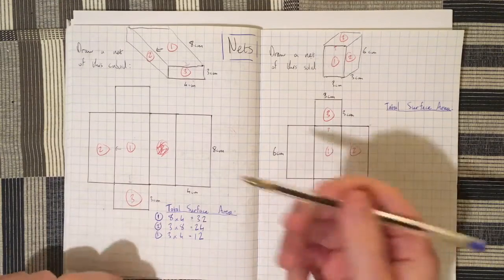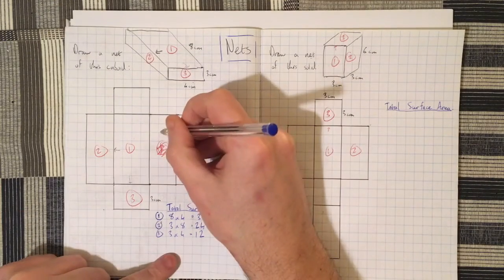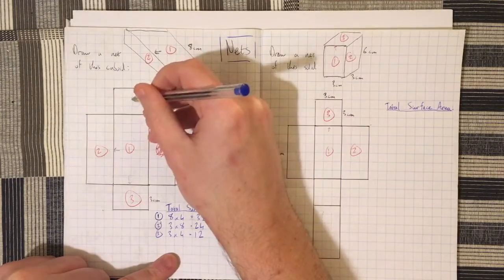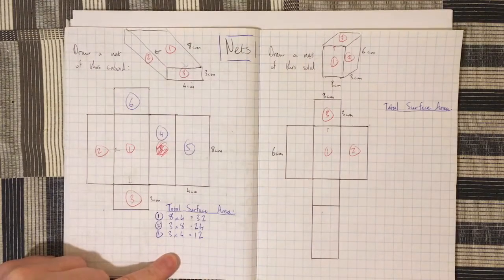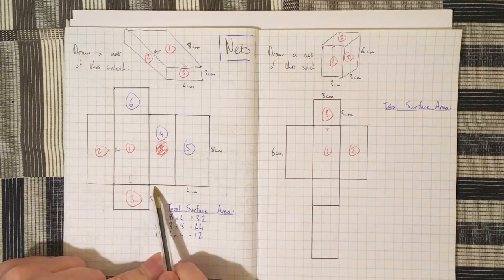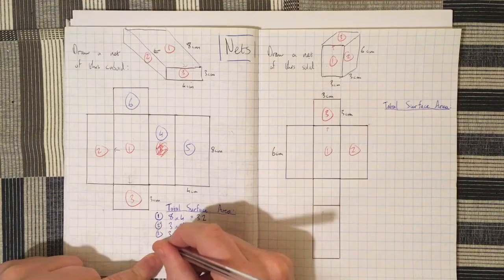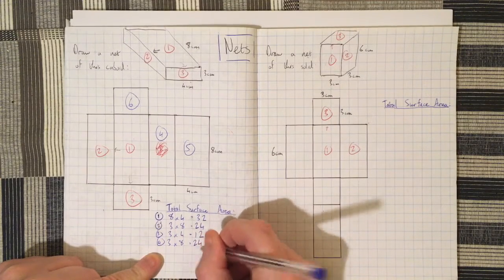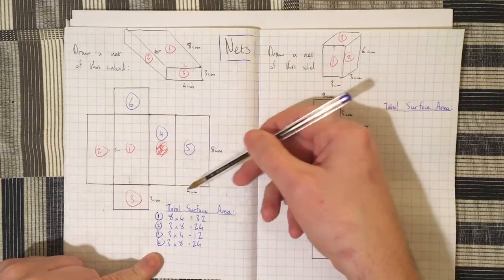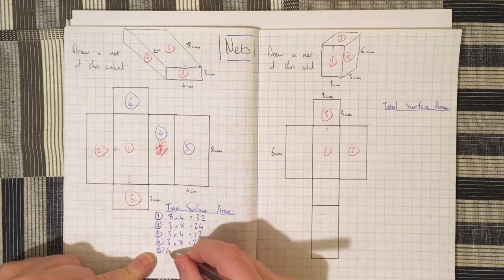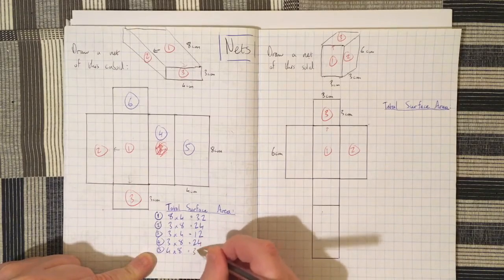So let's say I'll call this side 4, I'll call this side 5, and I'll call this side 6. What are the dimensions of side 4? It's also 3 by 8, and that's equal to 24. Side 5 over here is 4 by 8, and that's 32.